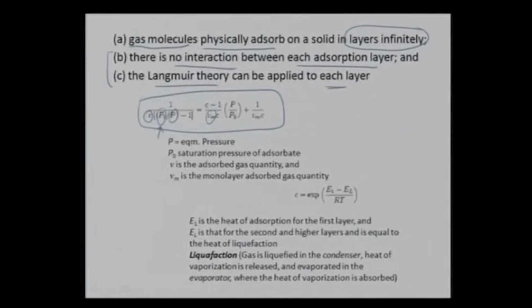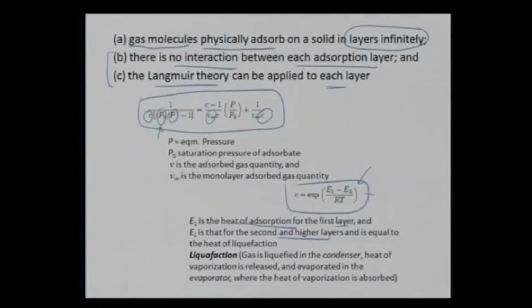Again this C is nothing but a constant which arises from the liquefaction, and it is given by the exponential of E1 minus EL. That is nothing but the heat of adsorption which is emitted from the first layer in order to lower the energy, and EL is for the second and higher layers. So how much energy is being reduced by the adsorption of all these species.